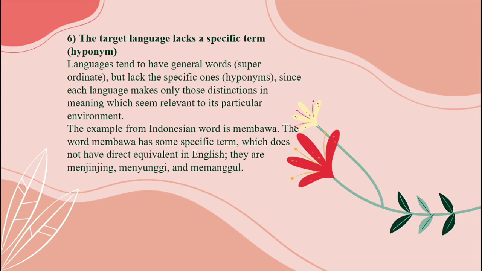Languages tend to have general words, called superordinates, but lack the specific ones, hyponyms, since each language makes only those distinctions in meaning which seem relevant to its particular environment. An example from Indonesian is the word membawa. The word membawa has some specific terms which do not have a direct equivalent in English. They are menjinjing, menyunggi, and memanggul.